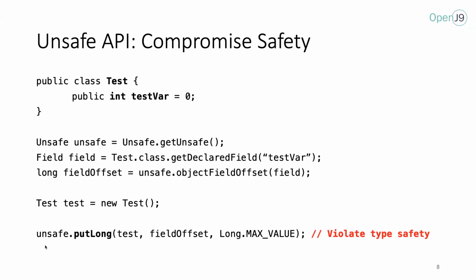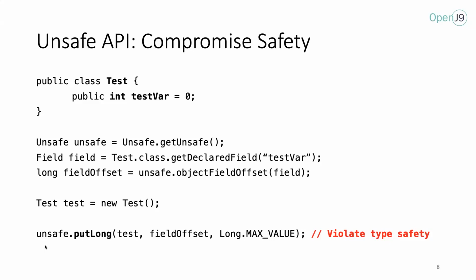Unsafe lets us find the field offset for this test_var, and then we use Unsafe's put_long method to update the field. The issue over here is that the field is an integer, but we are doing a put_long, which puts a long value in an integer field, and this violates type safety. So this is one of the examples where Unsafe is bad and it compromises the safety of the JVM.